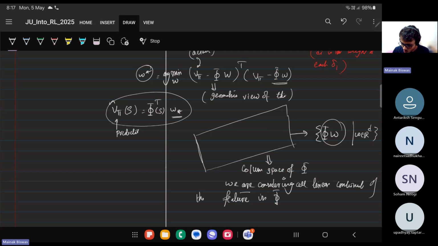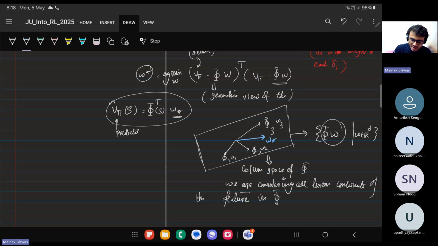So if this is phi 1, phi 2, phi 3, and so on, we can take the linear combination with W1, W2, W3, and you may get a W. Say this is W star, which is a linear combination of these sets.